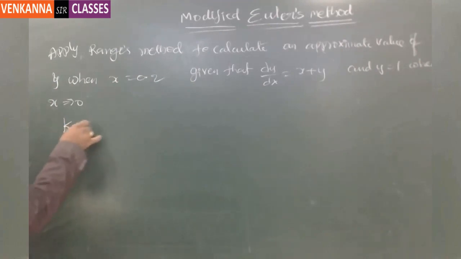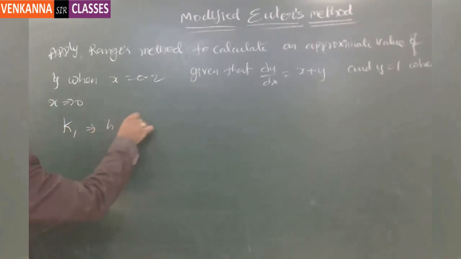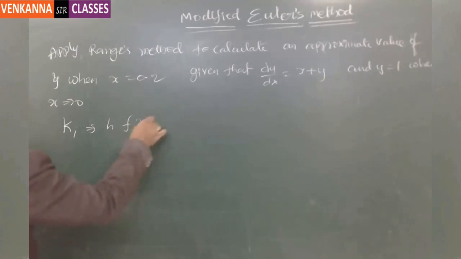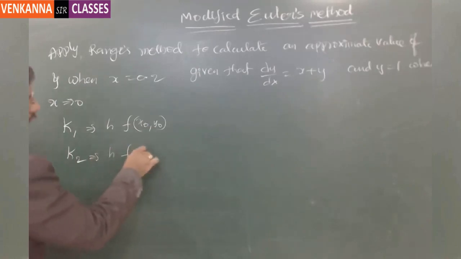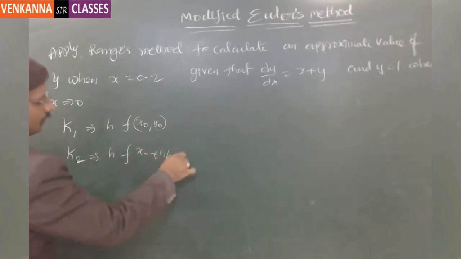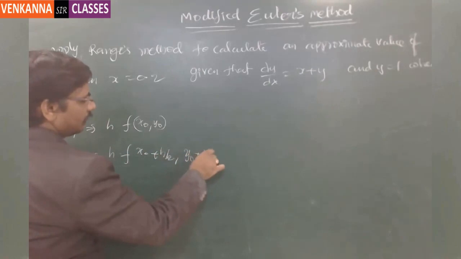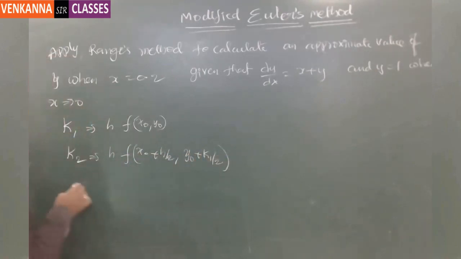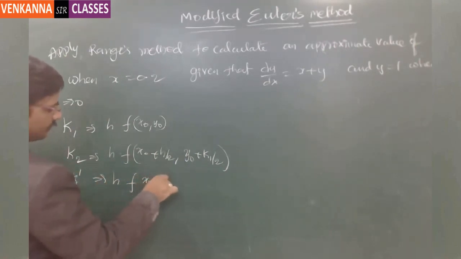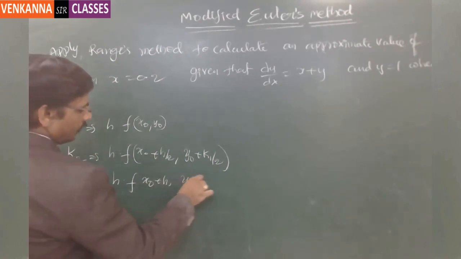k1 is equal to h into f of x naught comma y naught. Then k2 equal to h into f of x naught plus h by 2 comma y naught plus k1 by 2. And then k dash is equal to h times f of x naught plus h comma y naught plus k1.